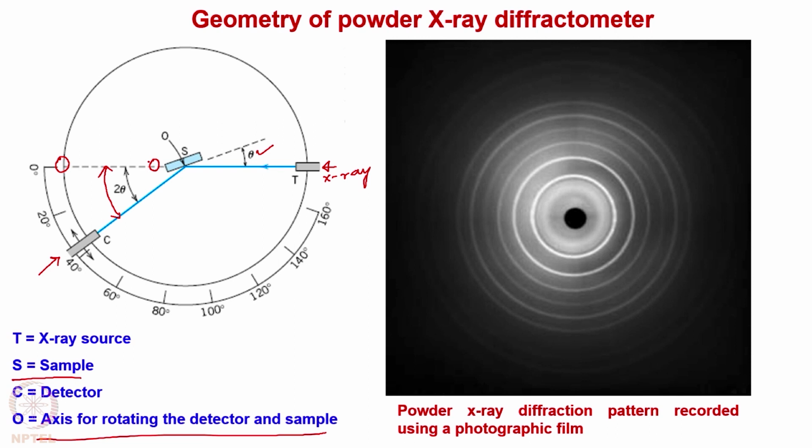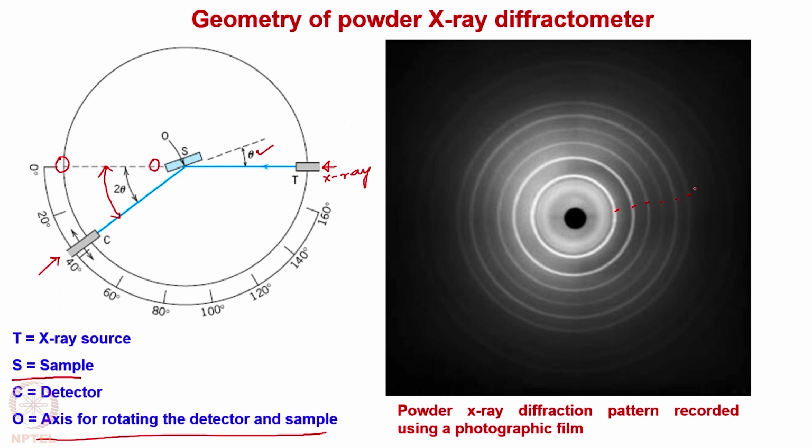And then when the diffraction happens from the powdered sample, it happens in a conical manner. So if you have a sample here, the cone behind this is the angle of diffraction, and if you place a photographic film behind it, what you would see are concentric circles of bright lines.